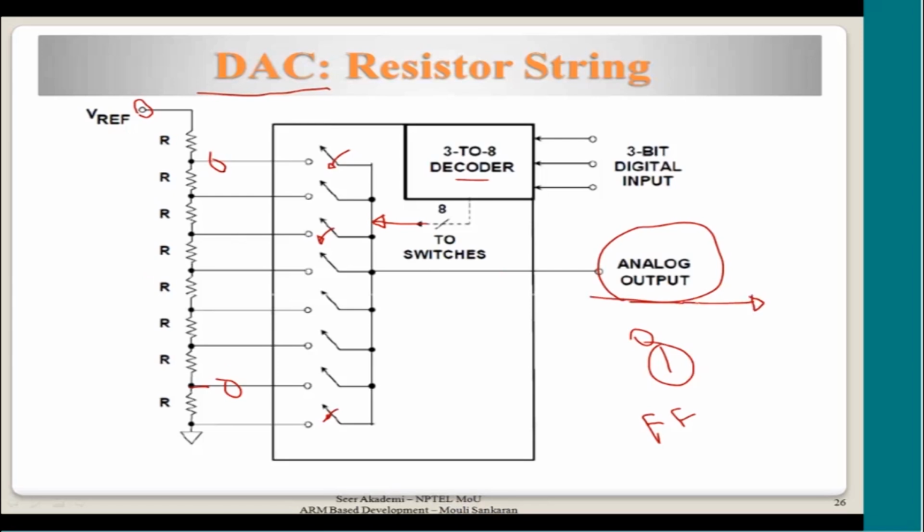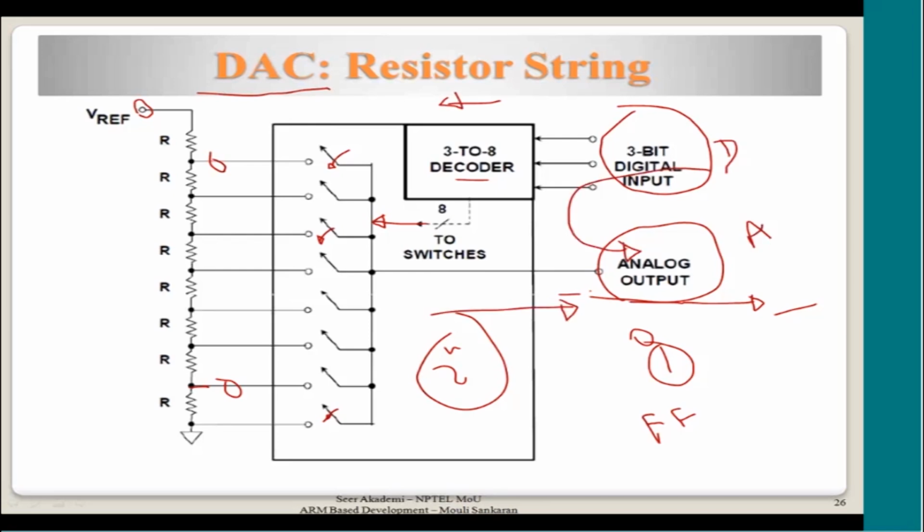So you can have 2 power n combinations of analog output, because you are adding up different voltage levels, and that gets converted into the analog output. So this digital input is coming into the system, and then it operates the switches, and then the analog output goes out. So it is a DAC, digital to analog conversion.